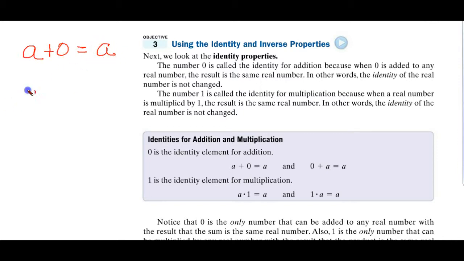Now if we have an A and we times it by 1, and we've had this before, we talked about fractions, multiplying anything by 1 just leaves it as being A. This is called the identity property of multiplication. Okay?